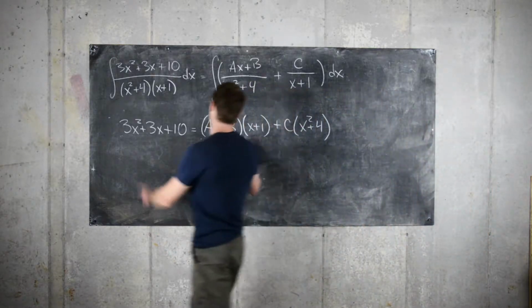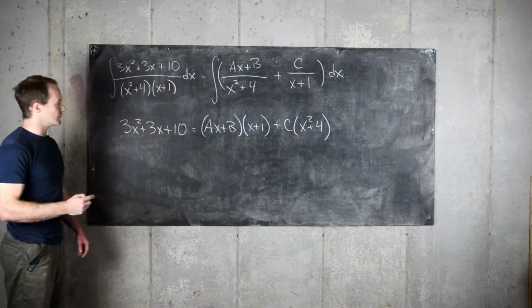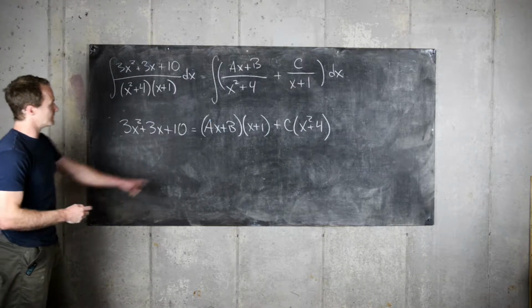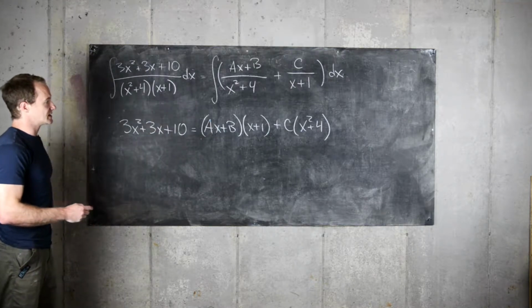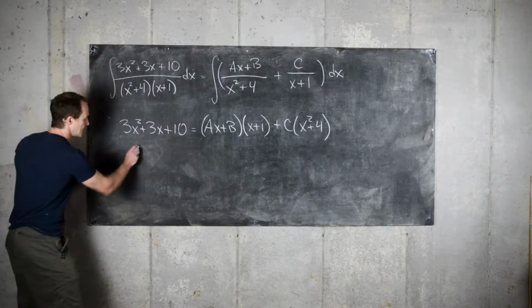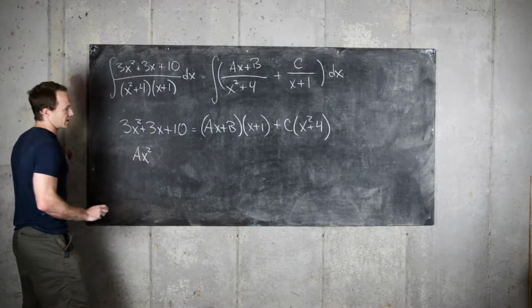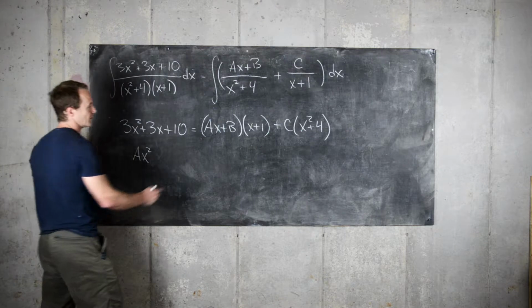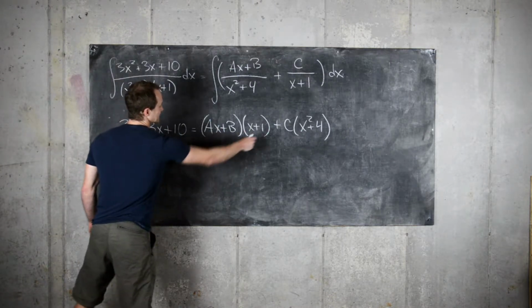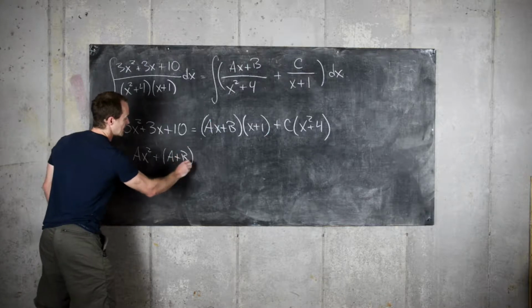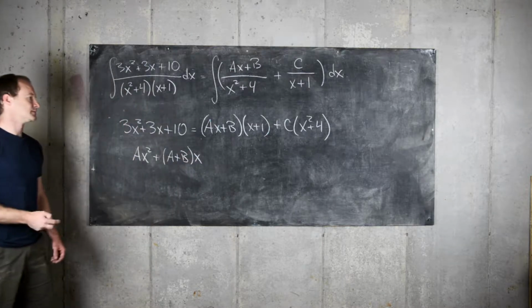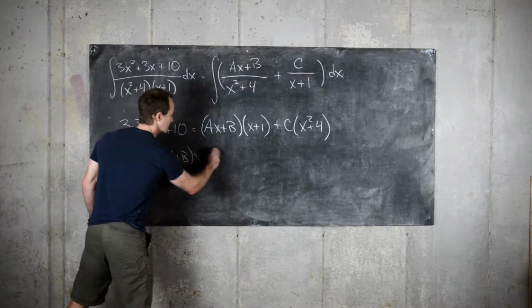So I'll switch the left and the right hand sides of this equation and simplify it a little bit. So if I FOIL this out, this ax plus b times x plus 1, I'll get ax squared, and then my x terms will be bx plus ax, so that's plus a plus b x, and then plus b.